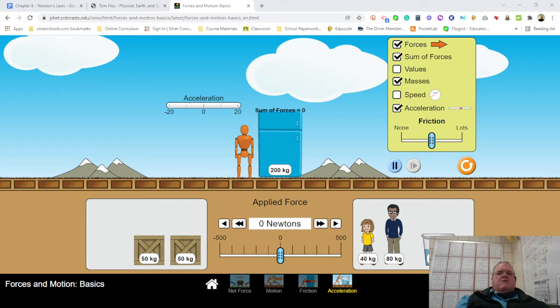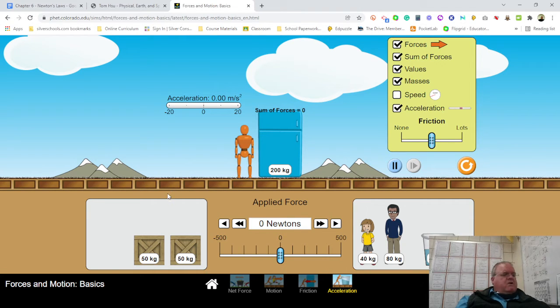So I have a 200 kilogram refrigerator. Now I'm going to put my values up here so that I can see what my applied force is, what the sum of the forces is, because this is going to be the sum of the applied force and friction. And then I've got acceleration.